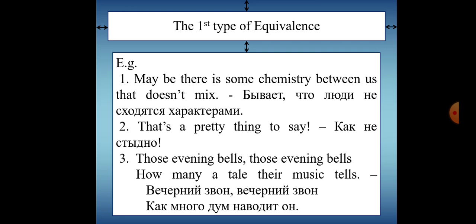In this example, the purport of communication is in the transmission of the figurative meaning, which makes up the main part of the content of the statement. Here, the communicative effect is achieved through a peculiar description of people's relations compared to those of chemical elements.